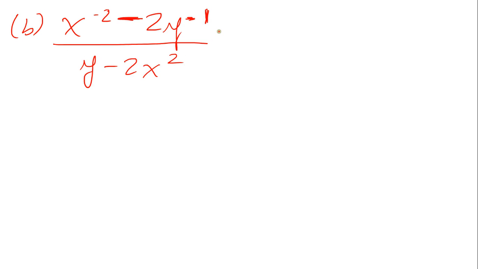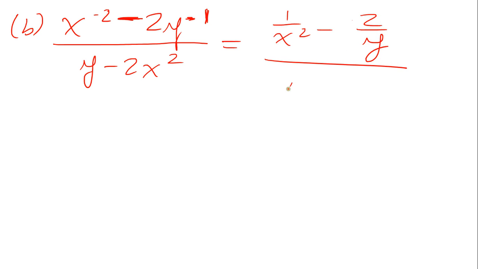Okay, so in this case, only the numerator is written in terms of a negative exponent. So basically, I can rewrite that as 1 over x squared minus 2 over y all over y minus 2x squared.